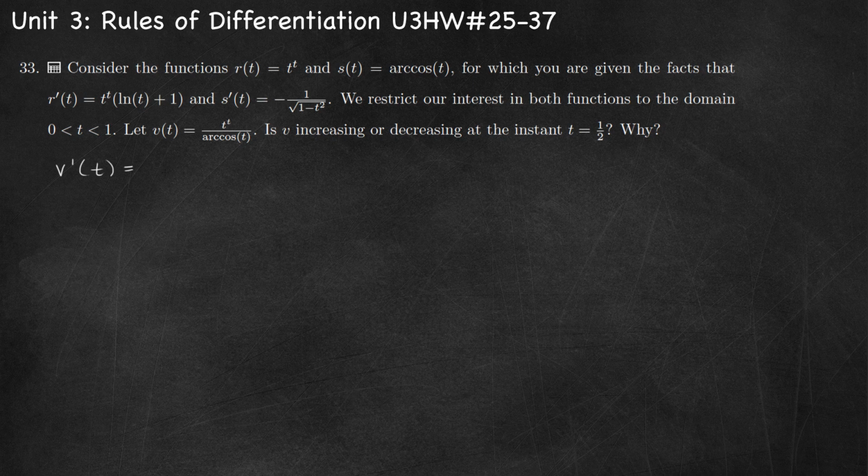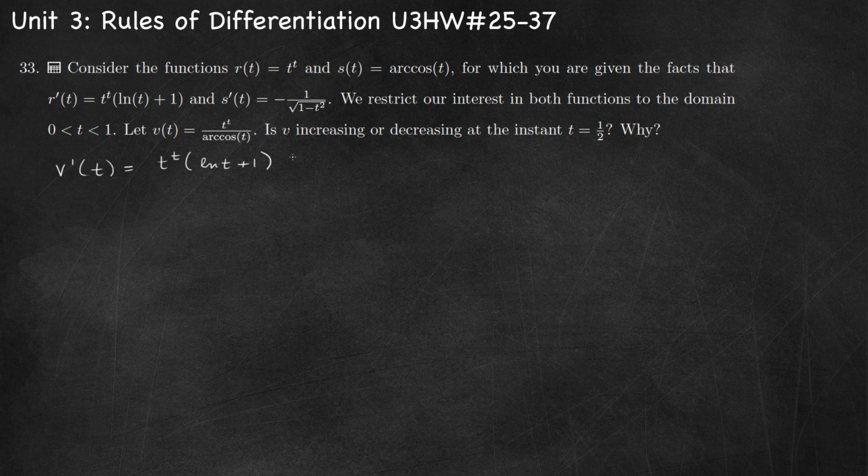v prime of t equals, we're going to use the quotient rule, so derivative of the top, and that's given to us as r prime of t equals t to the t times (ln t plus 1).